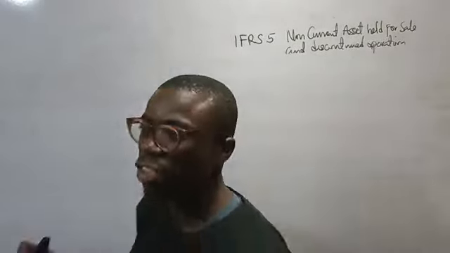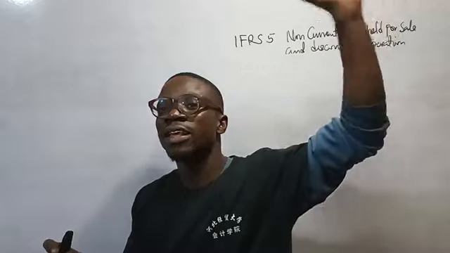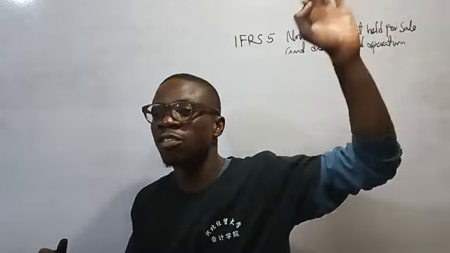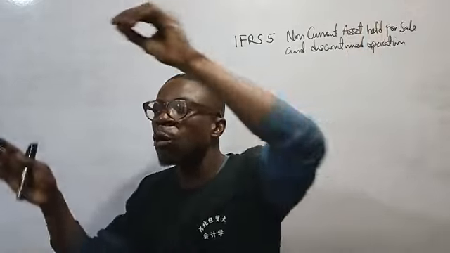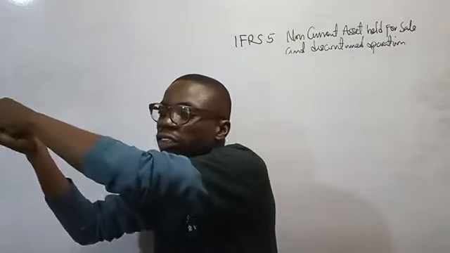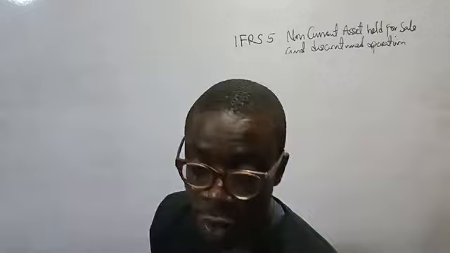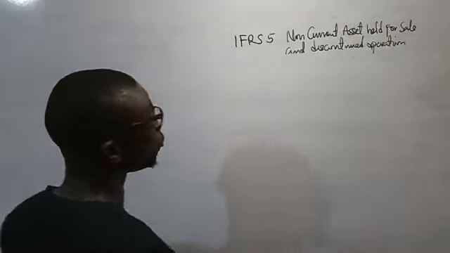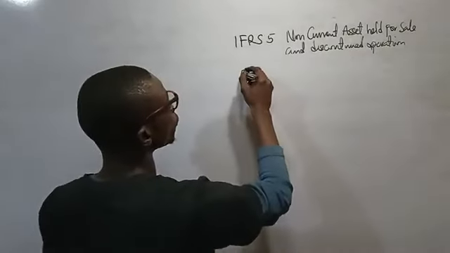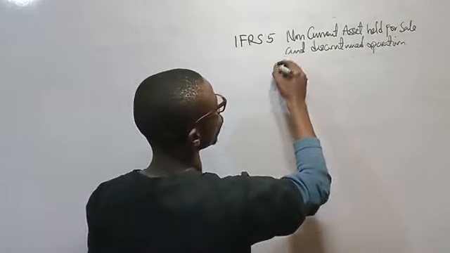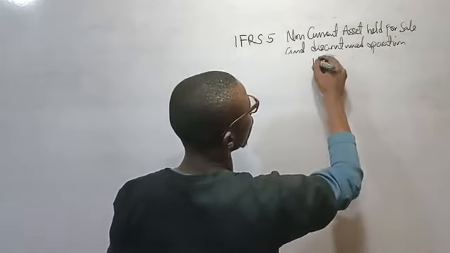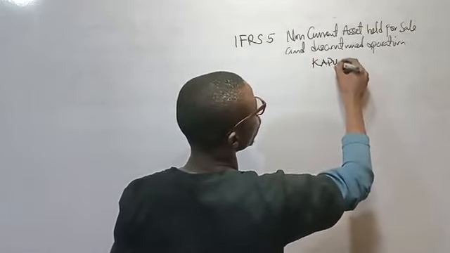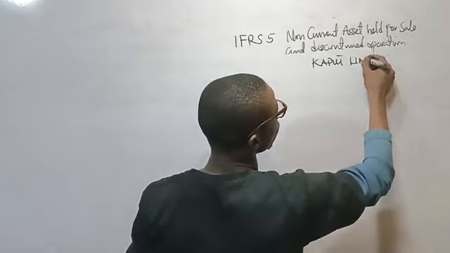You calculate the profit or loss made on the discontinued operation, then add it to the statement of comprehensive income. So let's prepare the statement of comprehensive income now. The name is Kapu Limited.